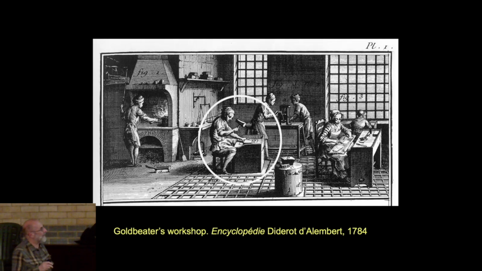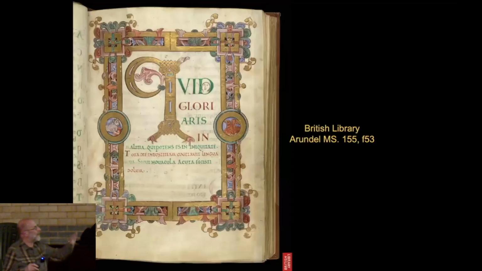This is an image of a gold leaf worker. And then the gold leaf would be applied onto the manuscript, very specially, sometimes laid on top of a layer of water evacuated so that the gold leaf would rest on the top, then painted over with a brush to make it settle, and then finally burnished, brightened up by rubbing a wolf tooth over the surface of it to give it a nice flat surface.